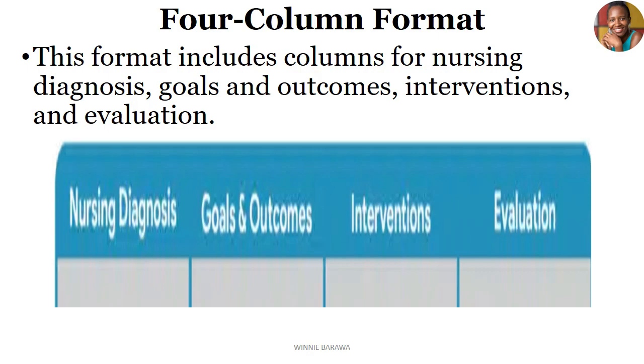So yes, the basic components of a nursing care plan are the nursing diagnosis, goals, and the interventions. But do not forget the 4-column format is also still in use, and mostly it will have the evaluation part. So this is the basics. When you go to the majority of hospitals, you will find these parts.